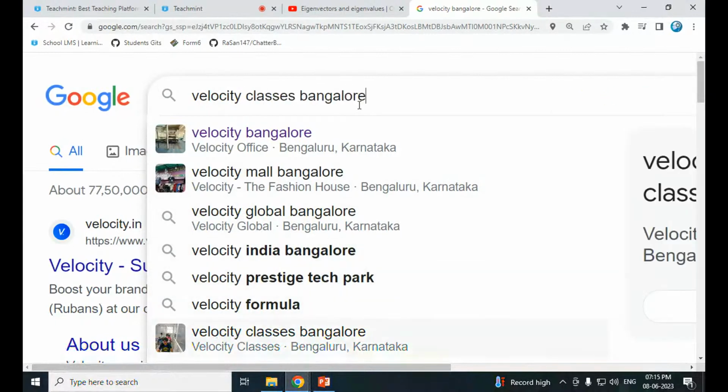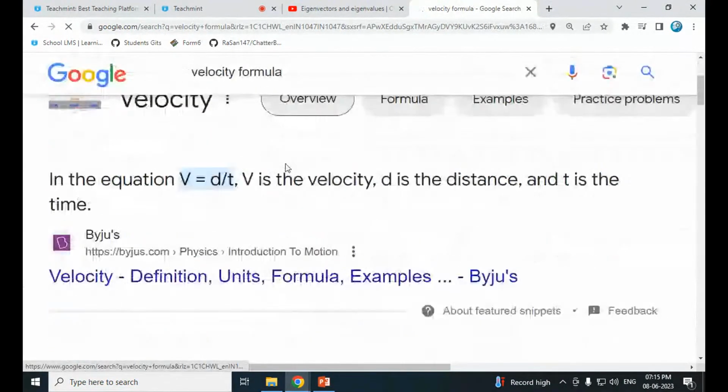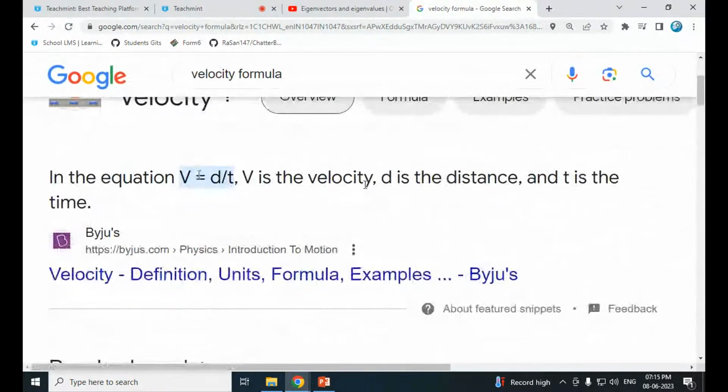Let us take the formula for velocity. Tell me if you have a reference or example there. Energy can be only scalar, because temperature is one of the forms of energy. Yes, v equal to d by t.